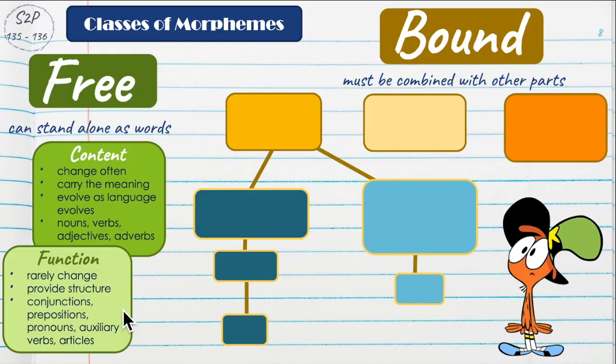Now, something else that's interesting about our function words. Our function words are also free morphemes. They rarely change. They rarely have things added to them. They provide the structure for our sentences. And there are our pronouns, our articles, our conjunctions. Those are still counted as free morphemes. Even though they may not have such a straight across definition, they still contribute to the meaning of the sentence.